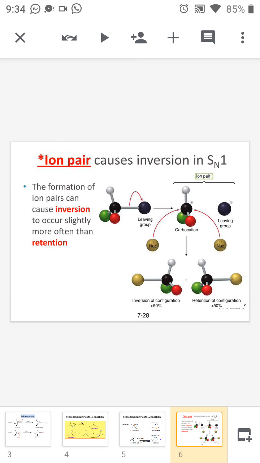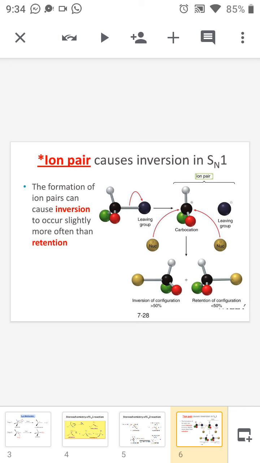Now we are moving into another topic, that is the ion pair mechanism in the SN1 reaction. As we discussed earlier, in the SN1 reaction, in the starting material, the bond between the carbon and the leaving group weakens to form a carbocation and L minus, the leaving group.